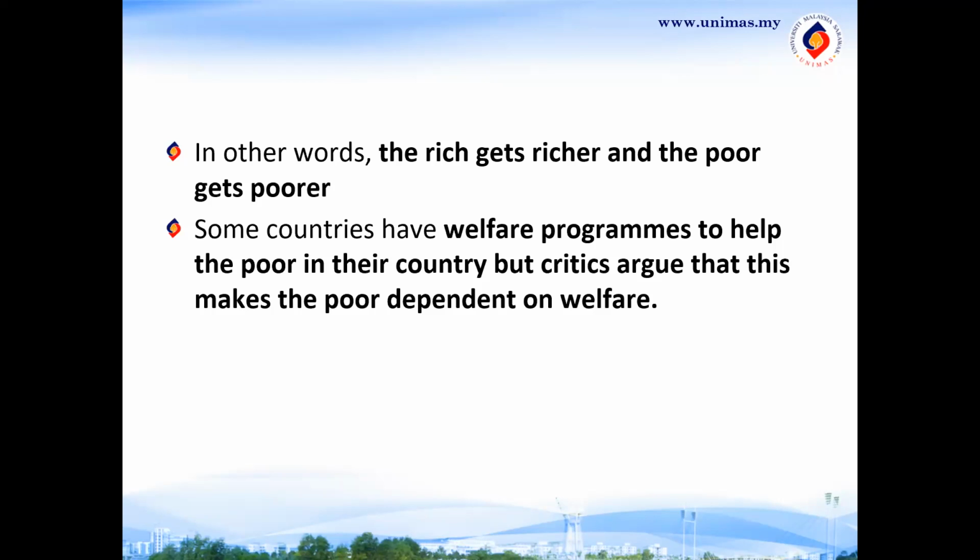Ada voucher dan sebagainya untuk membeli makanan, you are given every month and so on. So critics mengatakan bahawa, especially the whites lah in America, this is not going to do good. Mereka mengatakan bahawa that will make them become dependent, tidak mencari pekerjaan, tidak mau bekerja.